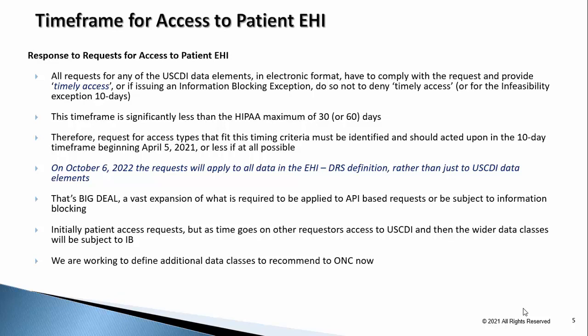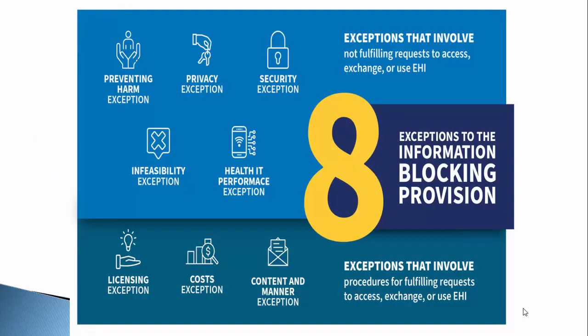And in the background, some of us are doing work on trying to advise the Office of National Coordinator for Healthcare IT, or ONC, what those might look like as far as those data classes. So there's a lot we don't know about the rules now. We're just learning how to use them, but we're already working to get some clarity on some different points that's hard for everybody to understand.